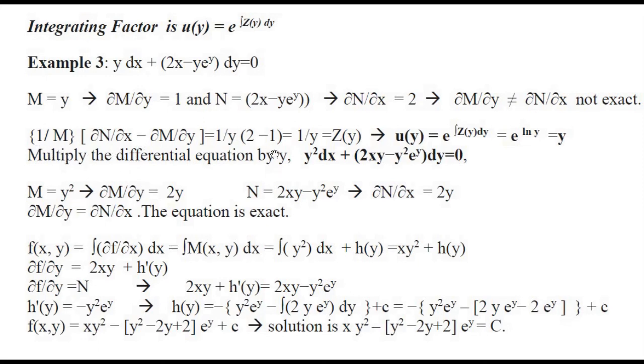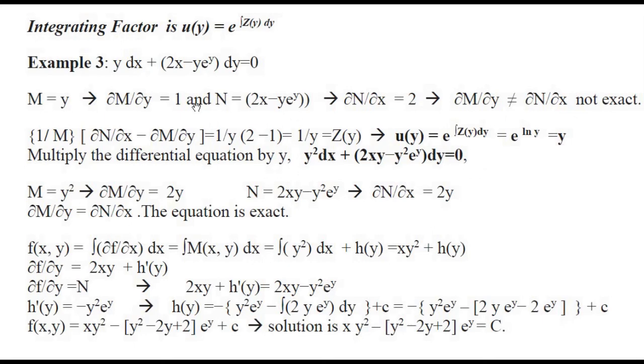So 1/M into (∂N/∂x − ∂M/∂y) equal to 1/y into (2 − 1), that is 1/y. So it is a function of y alone. We took it as Z(y), and μ(y) is e raised to the integral of Z(y) dy equal to e raised to ln y, which is y.